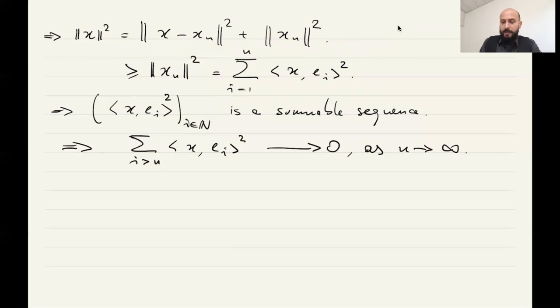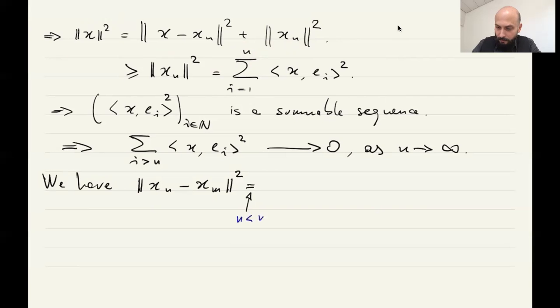Good. Right. Now we are ready. So now we're going to prove that the sequence of x_n is Cauchy. So what we have is, if we take x_n and x_m, and we take the difference between these two vectors, now let's take the norm square. Let's say that n is less than m.